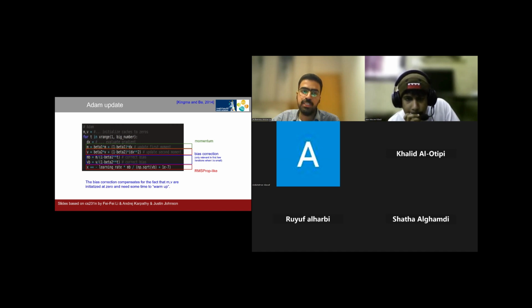And then eventually, when our time step increases, this thing becomes very close to 1, so it doesn't make much of a difference. This beta 1 is a value smaller than 1.